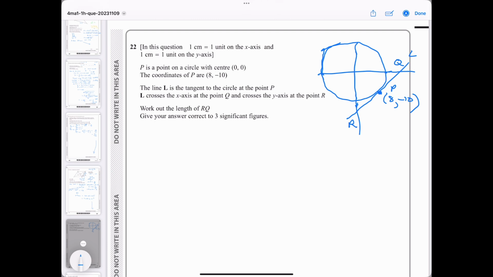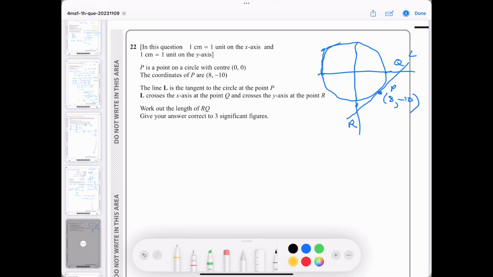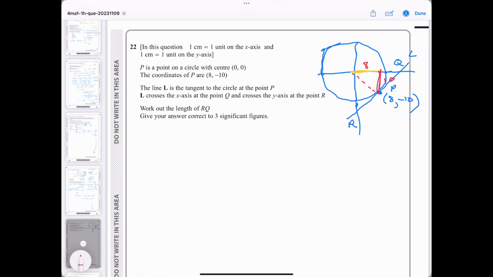Okay, so this is 8 along from there, and that is 10 down. So that's 10, that's 8. So we can find lots of things.